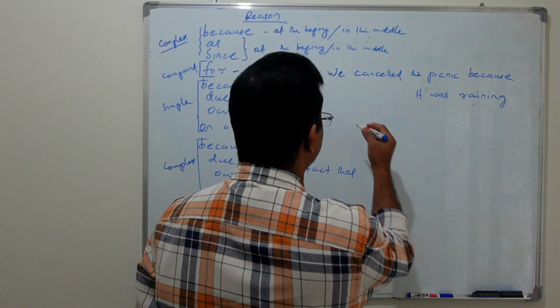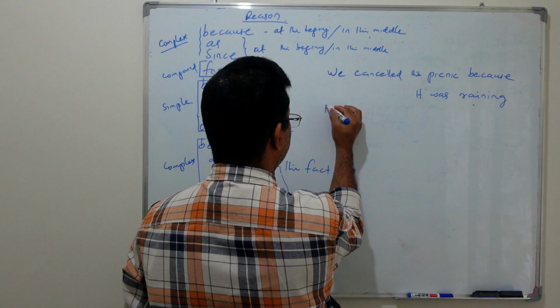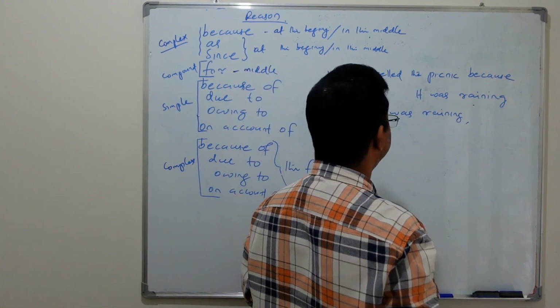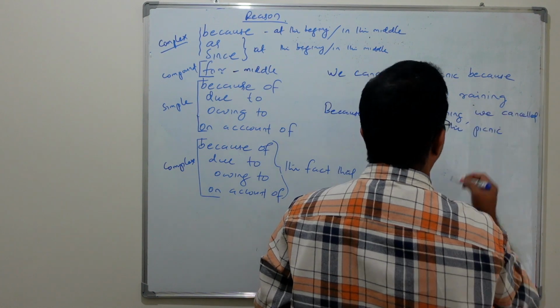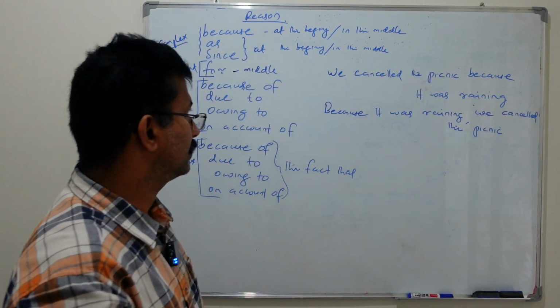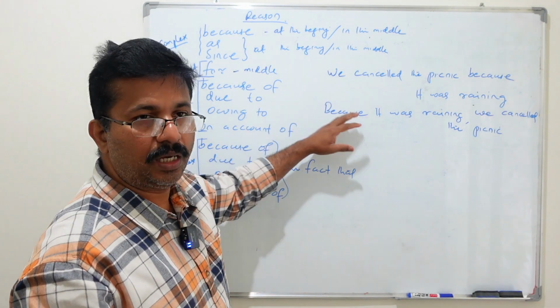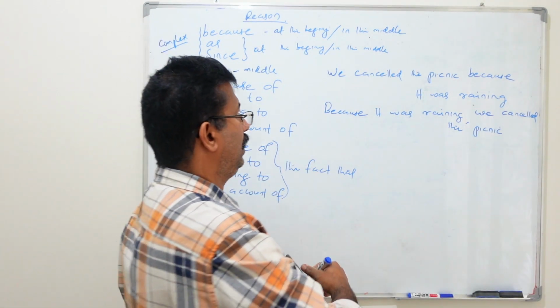This sentence can also be written this way: Because it was raining, comma, we cancelled the picnic. Both are complex sentences.